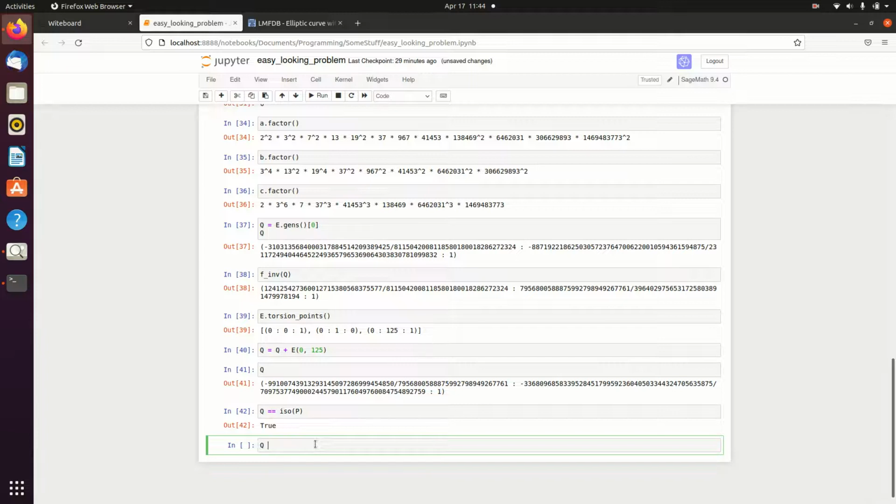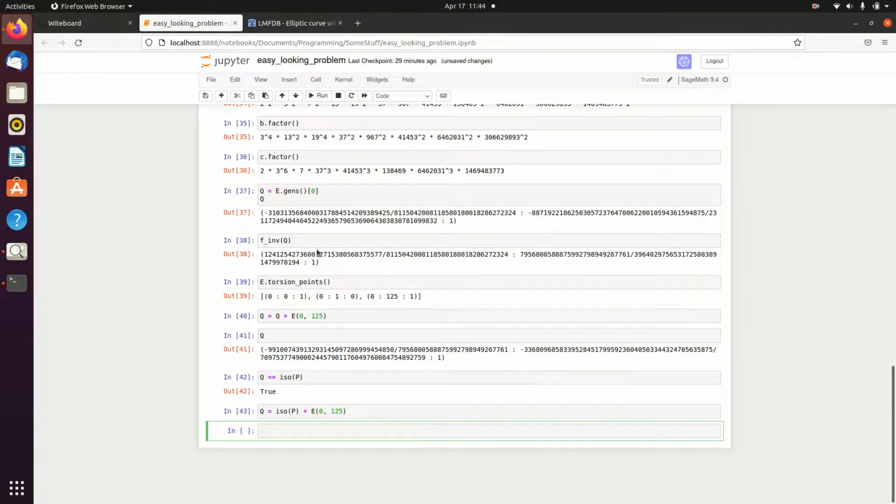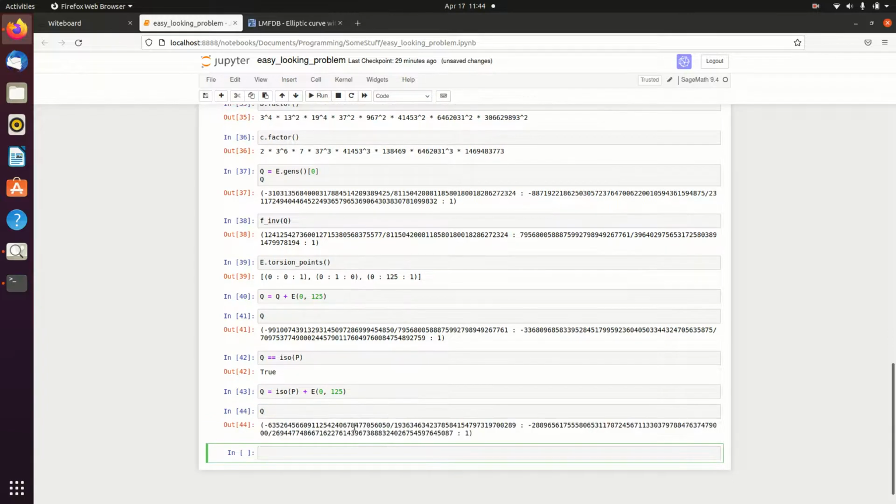Okay, we have one more possibility. We could take this, and then probably we would add again this point. Now what point do we get here? This is a new one. Now let's say, what is the image?